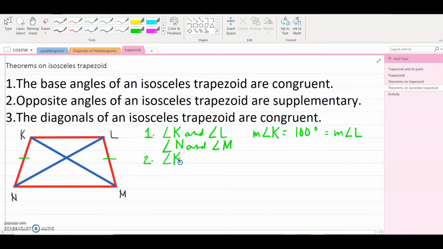Angle K and angle M. These are opposite angles. Angle L and angle M. Okay.